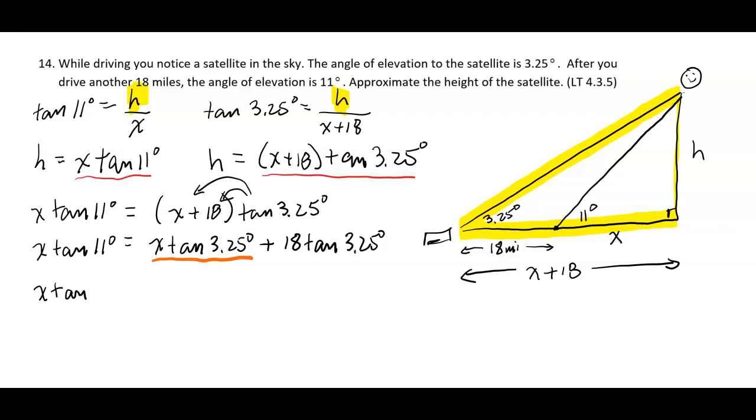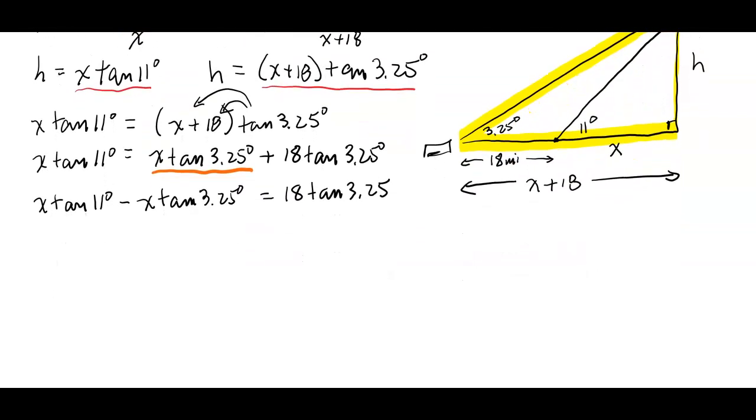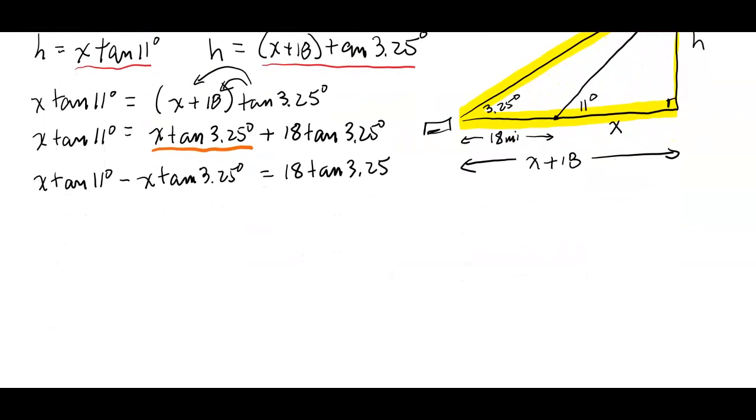I have x tan 11 degrees minus x tan 3.25 degrees is equal to 18 tan 3.25. Okay, now that I have everything that has an x in it on the left, I can factor that x out. So I'm going to factor the x out. In the first term, I'm left with tan 11. In the second term, I'm left with tan 3.25 degrees.